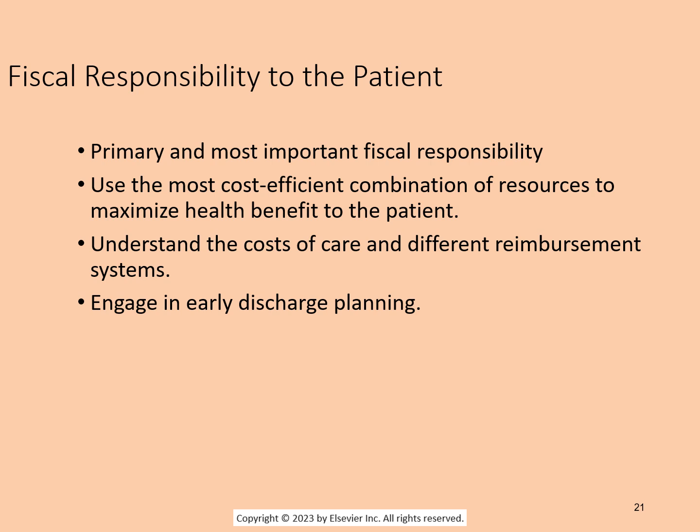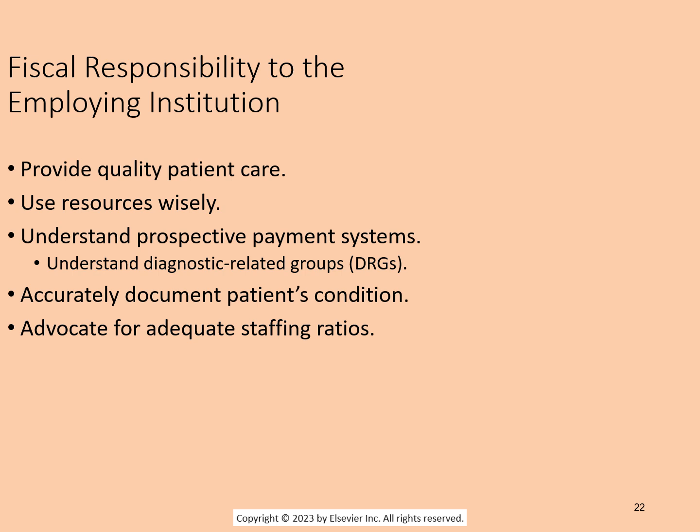So it's our job to engage in early discharge planning. We all know that discharge teaching starts on admission, so we're trying to get the patient in and out in a reasonable time. And again, the fiscal responsibility to the institution means providing quality patient care, using our resources wisely, and understanding the prospective payment system.